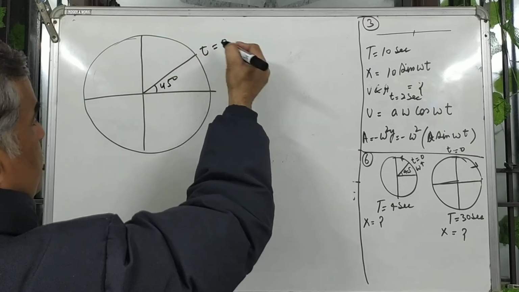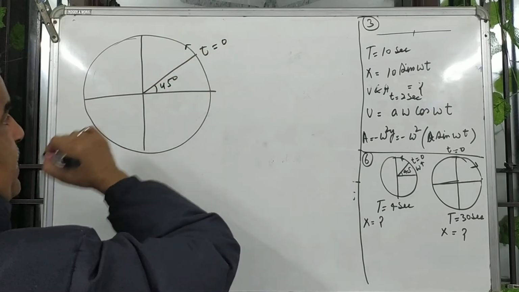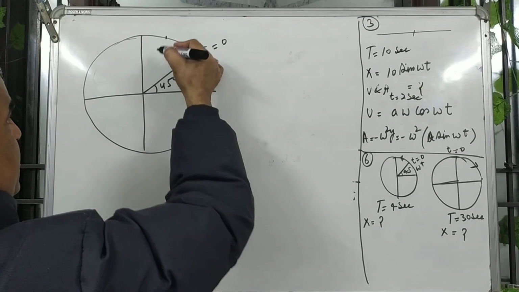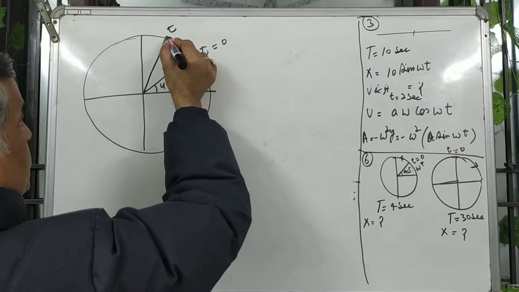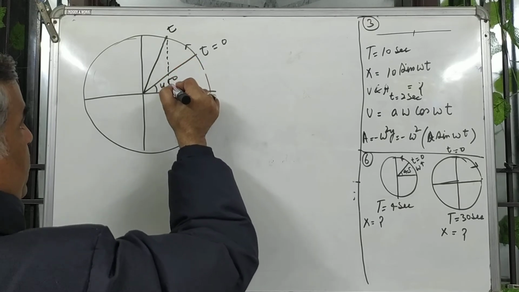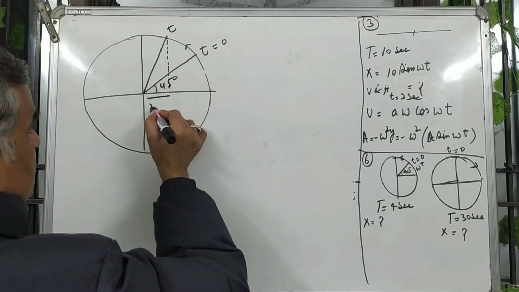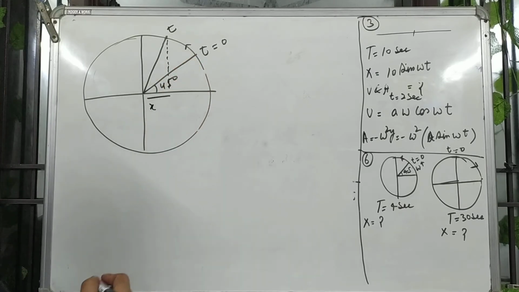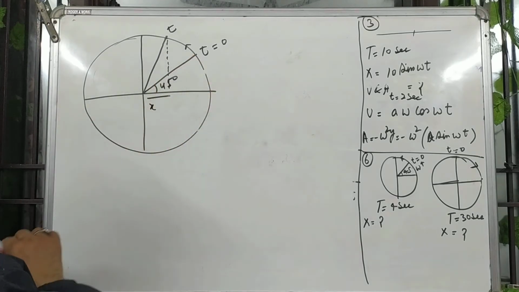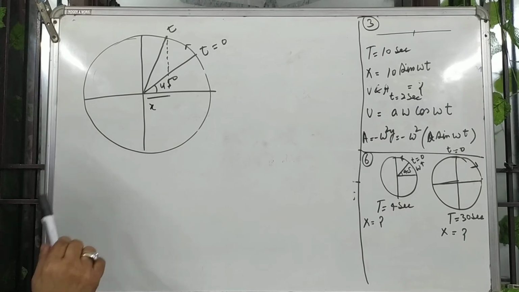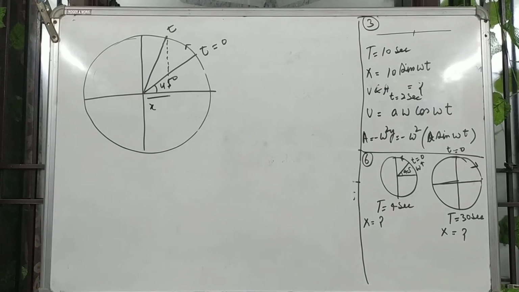At t equal 0, it starts from this point. Let at time t it reach over here, so draw a perpendicular line over here. This is the x, and in this triangle, the projection along the x-axis is to be found.